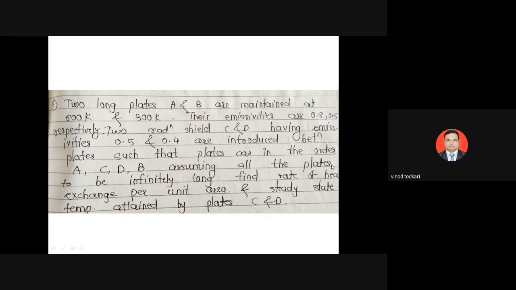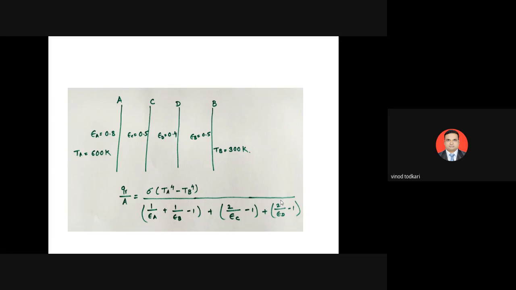Okay. Assuming the plates to be infinitely long, find the rate of heat exchange per unit area and the steady state temperatures attained by plates C and D. Now, this is the arrangement. The first plate is A, the last plate is B. Heat is flowing from A to B, right? Their temperatures are given, 600 and 300.